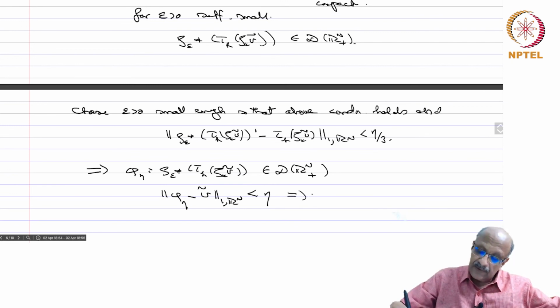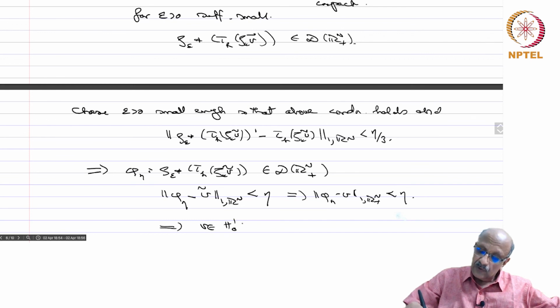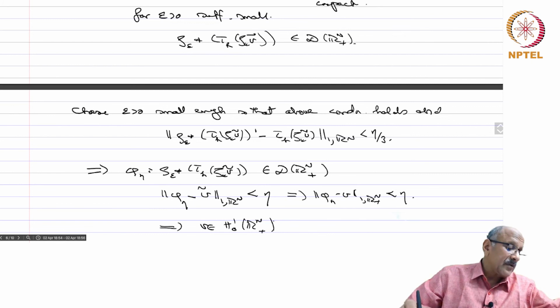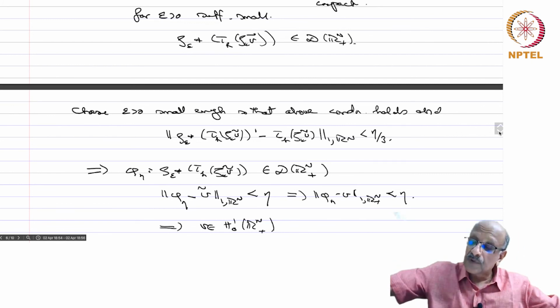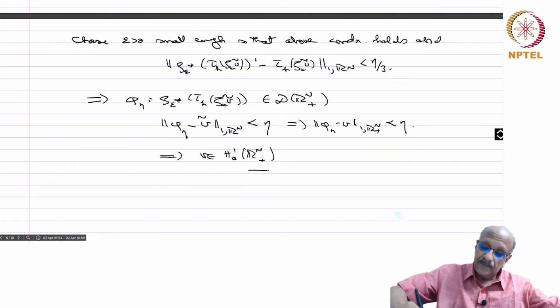This implies that the norm of phi eta minus V in H1 of Rn plus is also less than eta, and this implies that V belongs to H10 of Rn plus, and that completes the proof. So this proves the theorem completely.